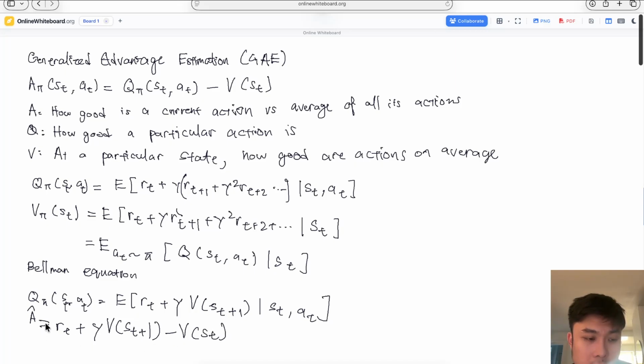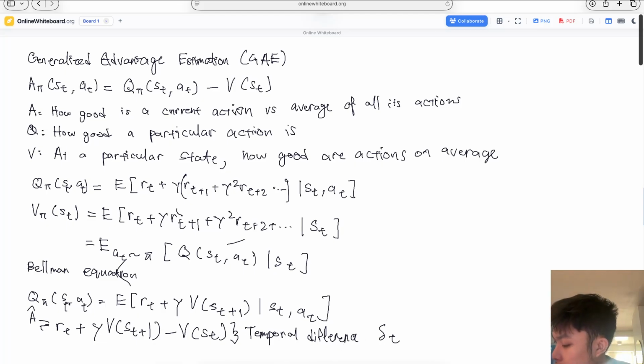So the advantage estimate becomes this, and we call this term the temporal difference, which we denote as this. Now we have used the Bellman equation to simplify it to the temporal difference equation, and this will help us build up towards understanding the generalized advantage estimation.